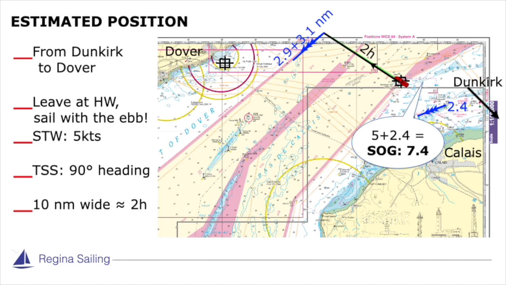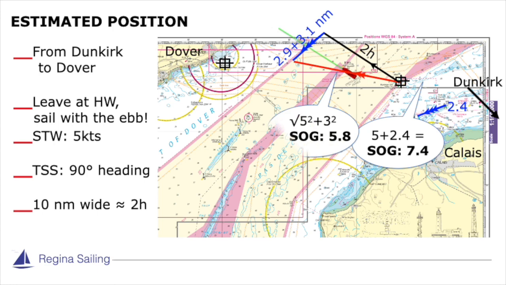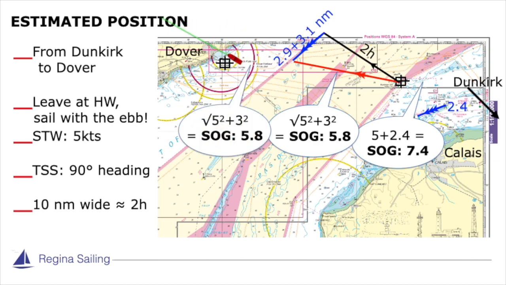We can pre-calculate by hand that we arrive approximately here. Over ground we will go this route, but the calculation puts us into this position where we end the traffic separation scheme. We still have the same speed here actually over ground, and then from here it is wonderful because you continue with the same heading, continue with the same speed into Dover.